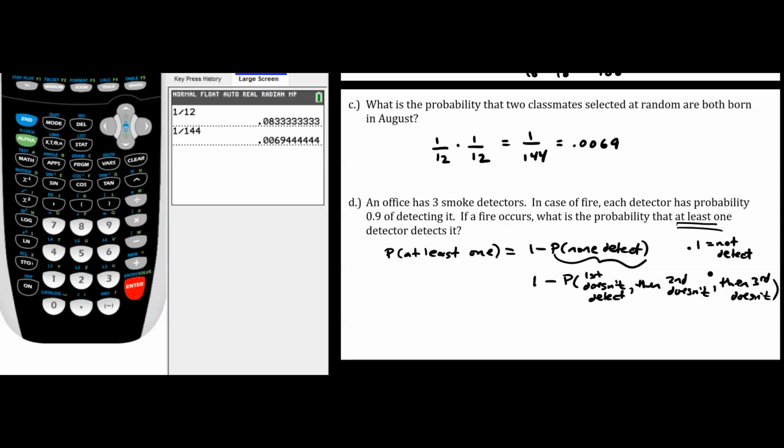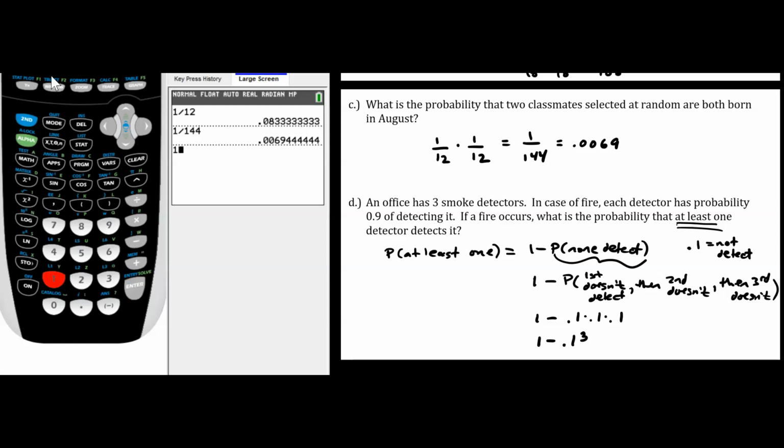And as we've just said, the probability that any individual detector does not detect the fire is 0.1. And the probability of this sequence of events is therefore going to be 0.1 multiplied by 0.1 multiplied by 0.1. That's applying the formula and the concept that we've been seeing here. And so this is 1 minus 0.1 cubed.